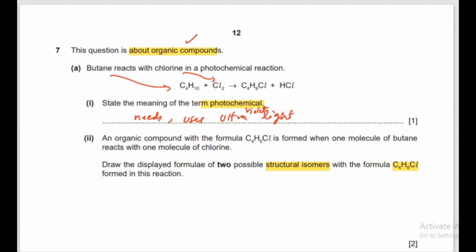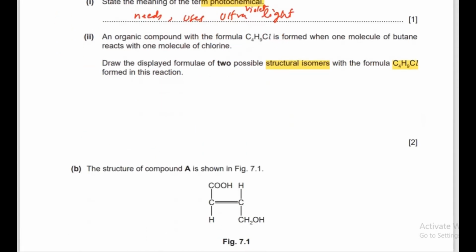An organic compound with the formula C4H9Cl is formed when one molecule of butane reacts with one molecule of chlorine. Draw the displayed formula of the two possible structural isomers with this formula. In structural isomers, you have to draw the two possible structures of chlorobutane.